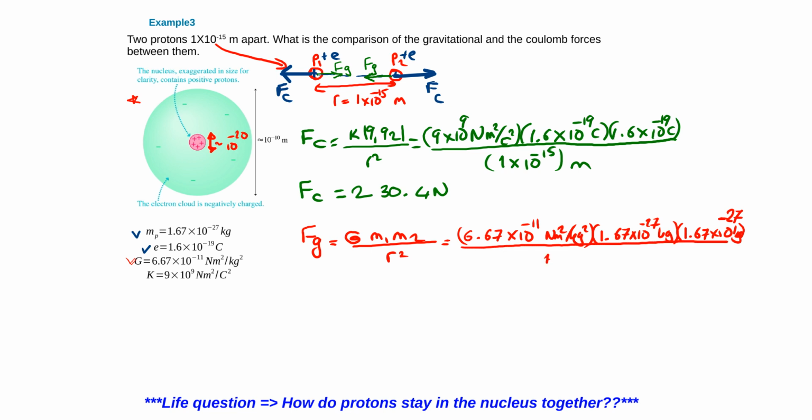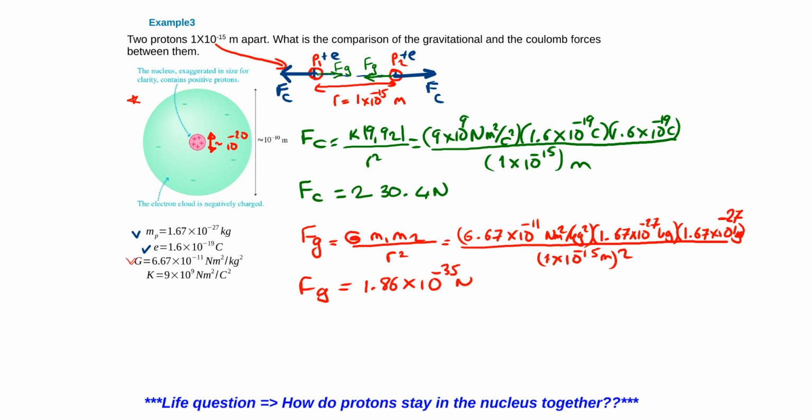And that's 1 times 10 to minus 15 again, meters squared. If we do all these calculations, we will find the gravitational force to be equal to 1.86 times 10 to minus 35 newton.